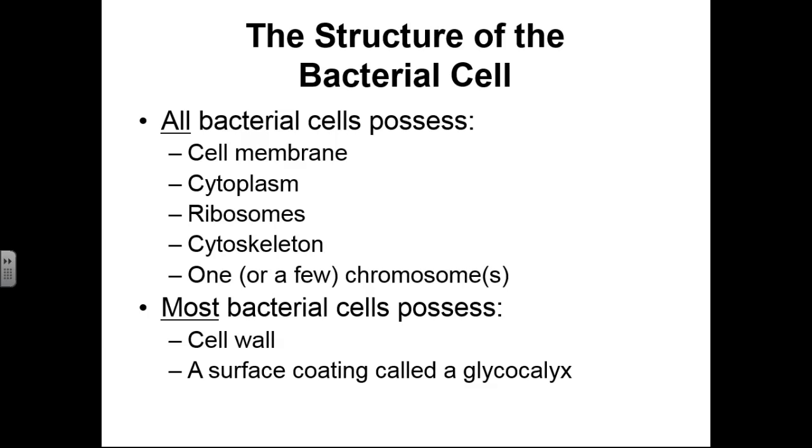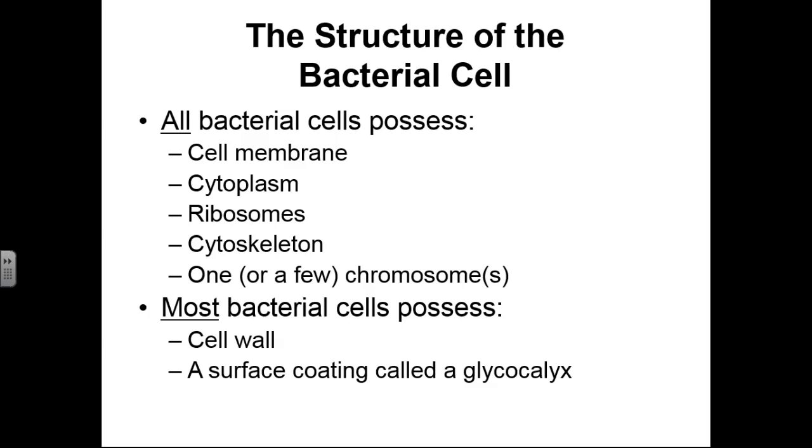All bacterial cells will have a cell membrane, a cytoplasm, ribosomes, cytoskeletons, and one, or potentially more than one, chromosomes. Recall, a chromosome is a big piece of DNA with multiple genes on it. We'll cover that in more detail in our unit on genetics, but just to review briefly, a chromosome is a big piece of DNA with multiple genes within it.